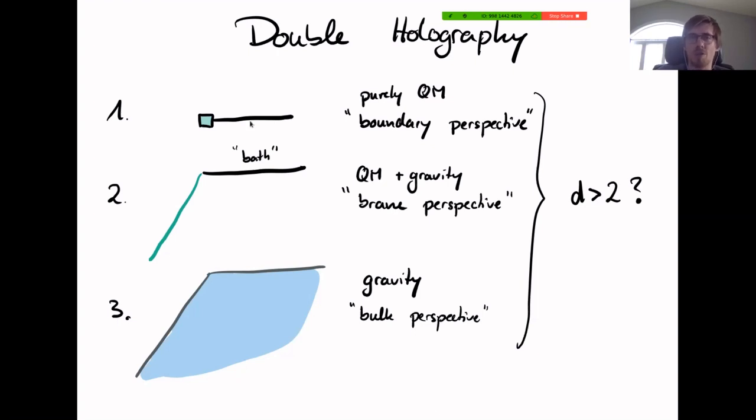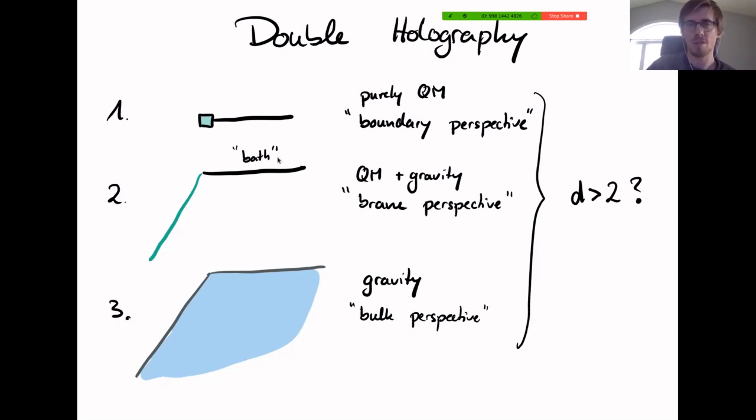One is a purely quantum mechanical, quantum field theoretical, no gravity perspective or formulation, which I will call the boundary perspective for reasons that will become obvious in a second. And then the third one is what I call the bulk perspective, which is just gravity in some higher dimensional spacetime.